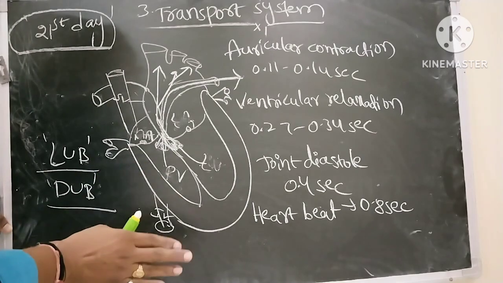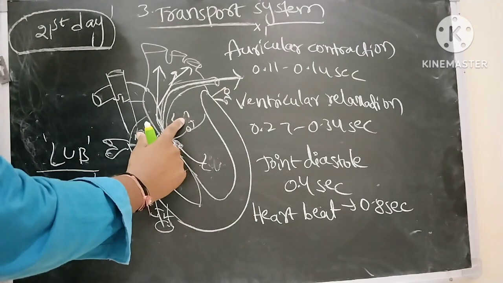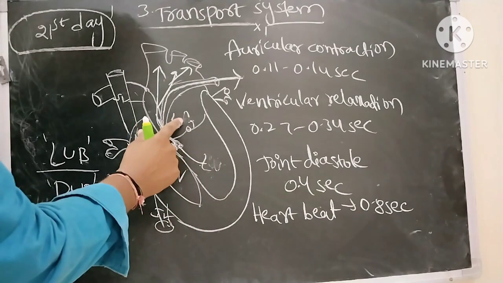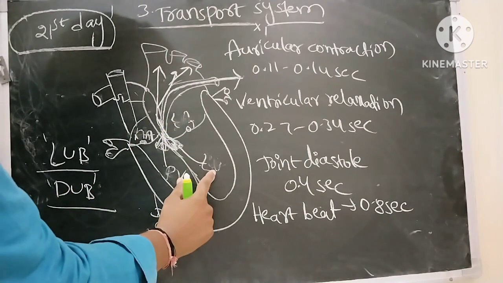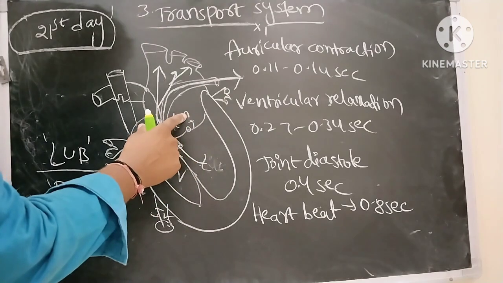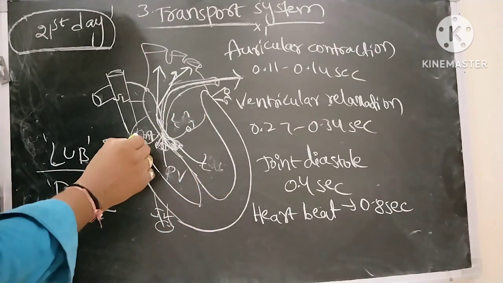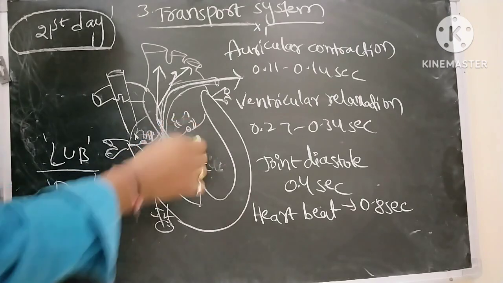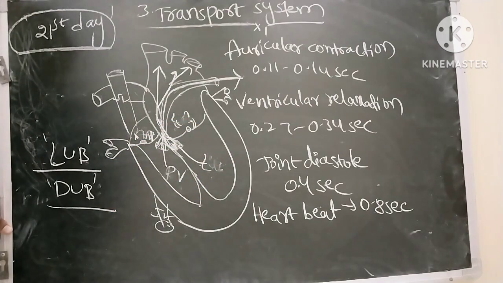Simple. When the auricles contract and pump the blood into the ventricles, the auricles then relax. When the ventricles contract, the blood may come back into the auricles. To prevent this, the tricuspid valve and bicuspid valve close the openings. Then we hear a sound called lub.